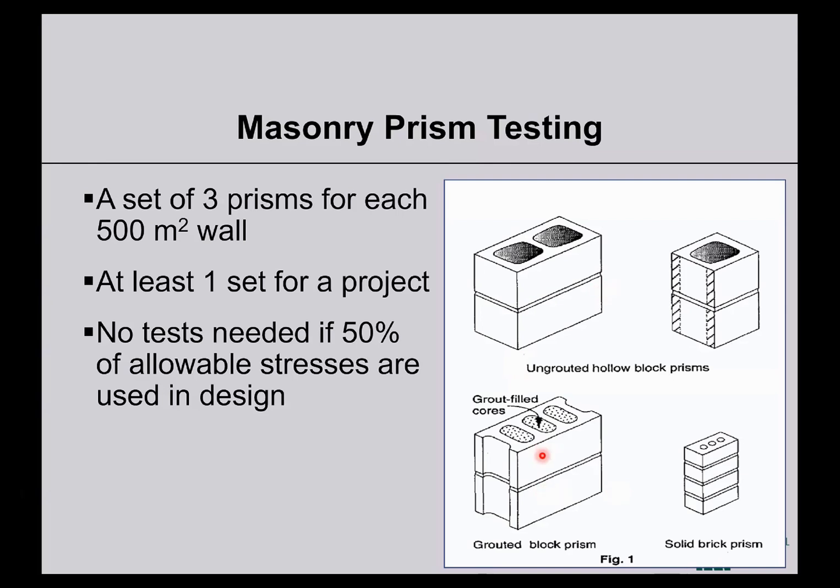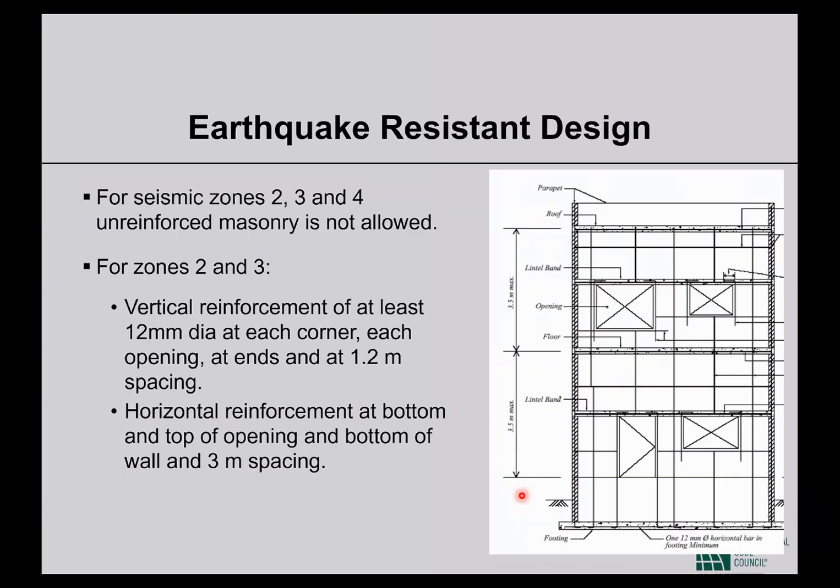Multiple bricks are arranged with mortar joints in this type of column. They are called masonry units, with 3 or 5 brick units, and then we do compressive testing. This is called prism testing. From that we can calculate fm prime and do the design.